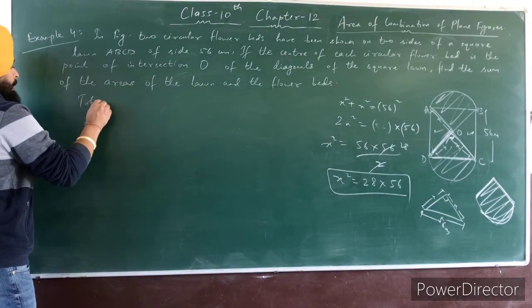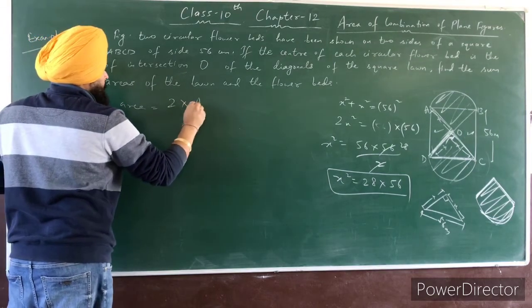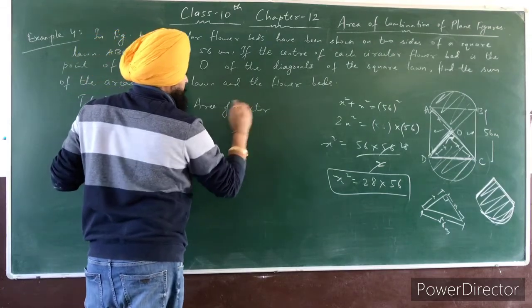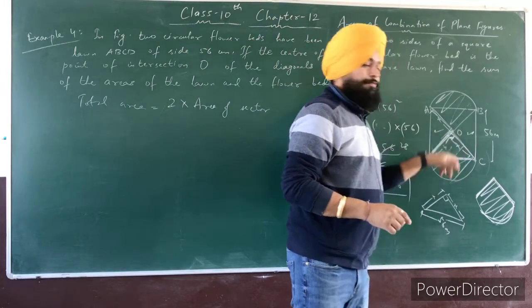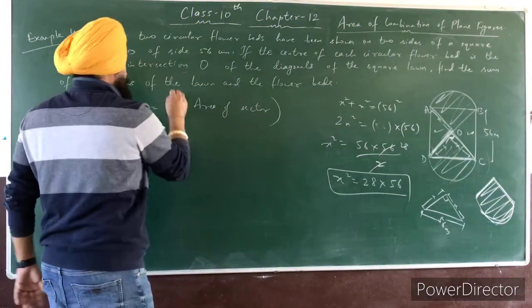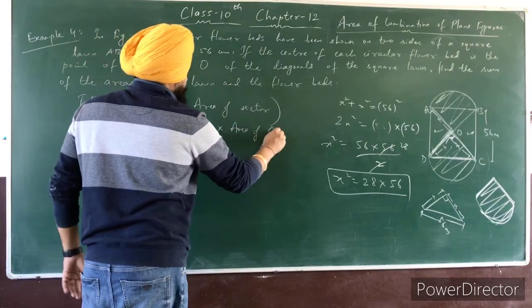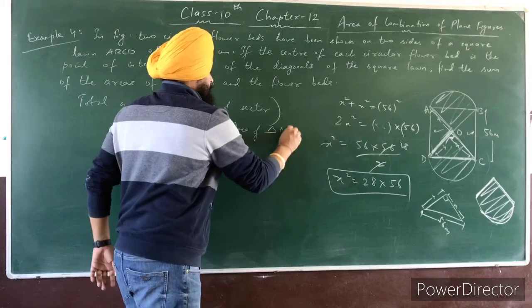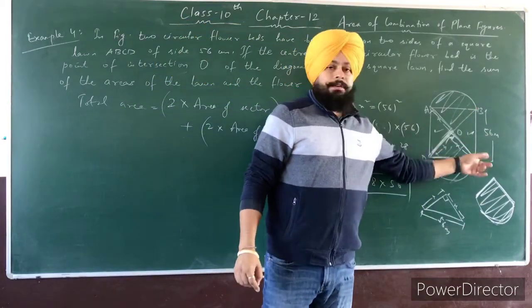So total area is equal to 2 multiplied by the area of sector, plus 2 multiplied by the area of triangle OAD, because the area of triangle OAD and OBC is the same.